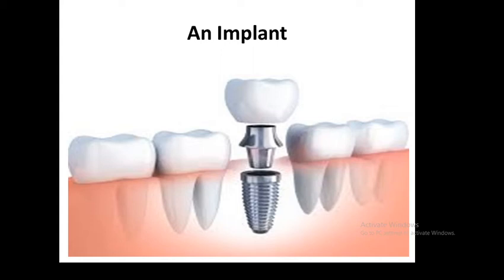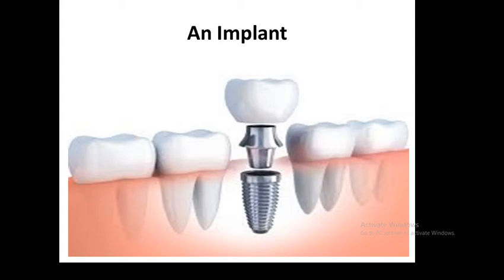An implant is a surgical component that interfaces with the bone of the jaw to support a dental prosthesis such as a crown, bridge, or denture, to act as a prosthodontic anchor, okay. So this is the definition of an implant.